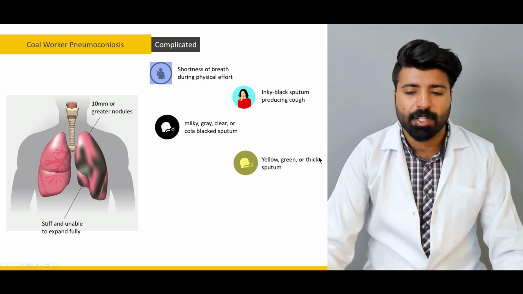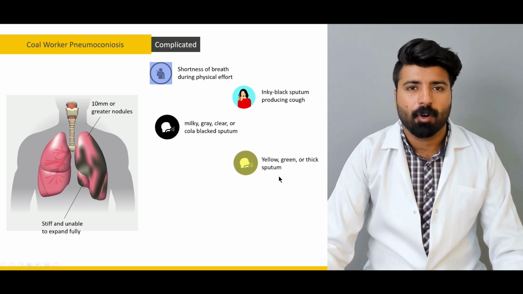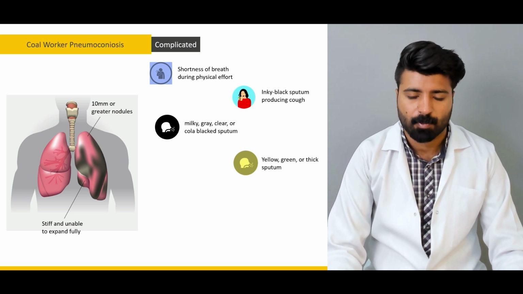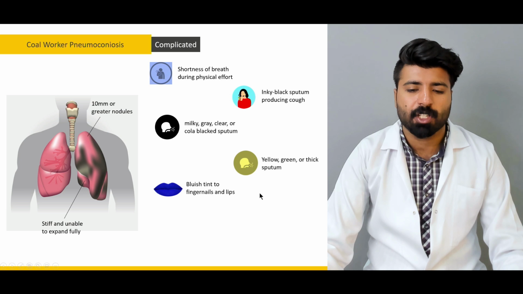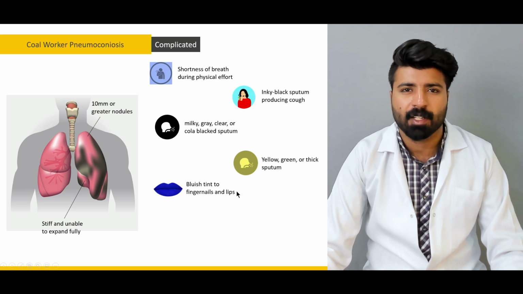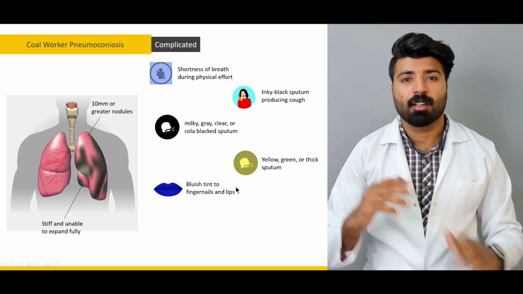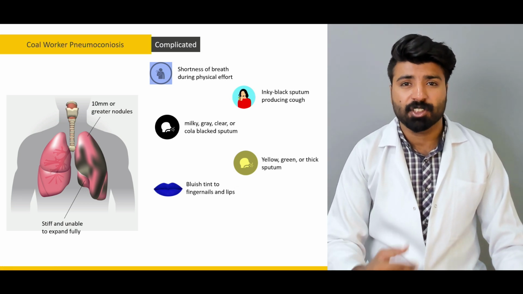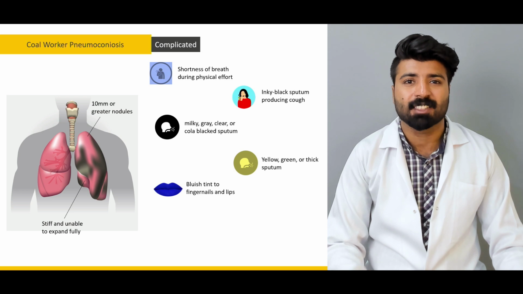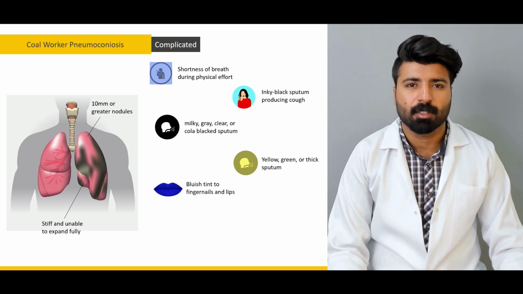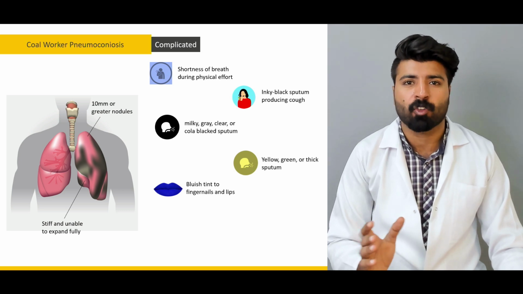There will be yellow, green, or thick sputum because there's more and more infection. And you get yellow sputum when there's a very high amount of infection going on inside the lung. Then we will get bluish tint of fingernails and lips. Why do you think that is happening? Because when not enough oxygenation is happening, not enough gases exchange is happening, blood is not filled with oxygen. Blood does not contain that much oxygen.